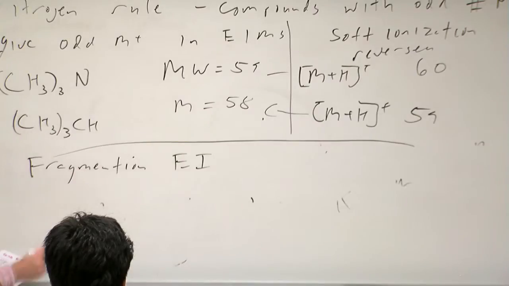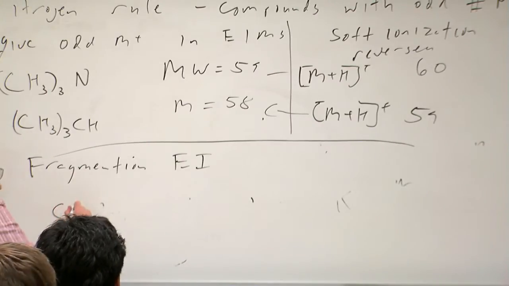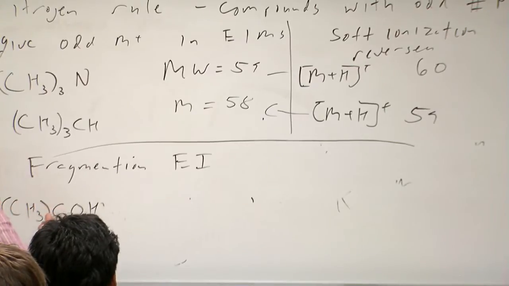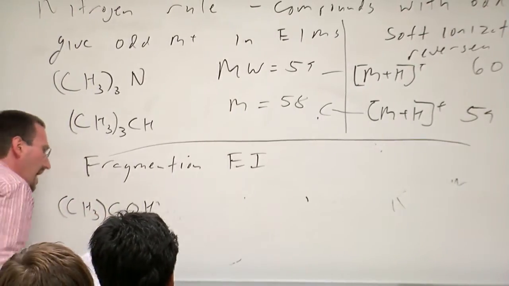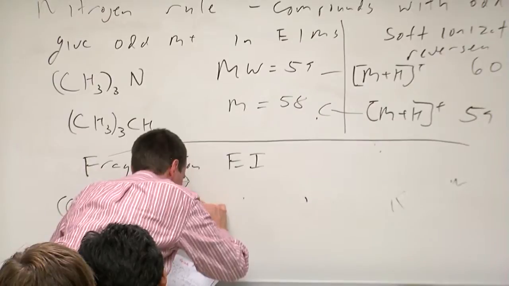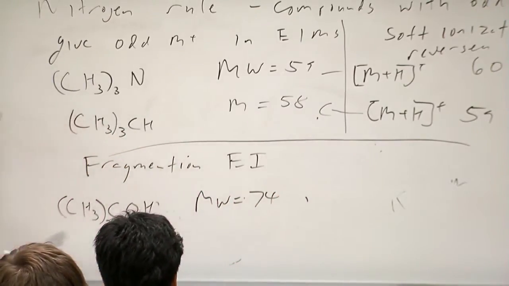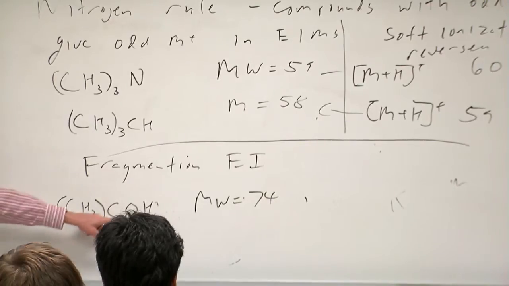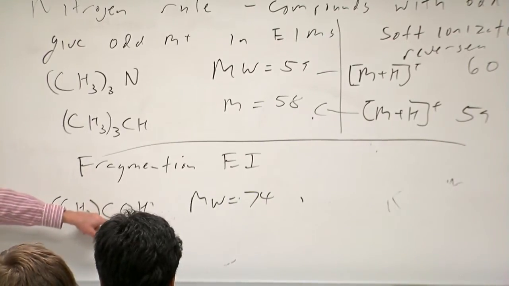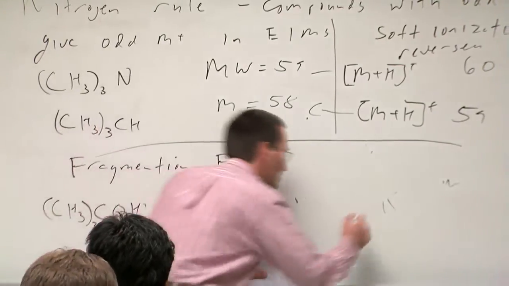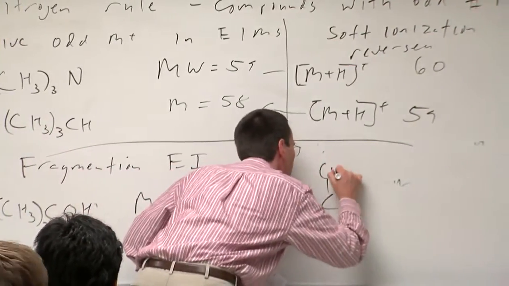So for example, if you take tert-butanol, tert-butanol has a molecular weight of 74, but you're often not going to see the tert-butanol. You'll often see a carbocation in the EI mass spec. You'll often see a tert-butyl carbocation.